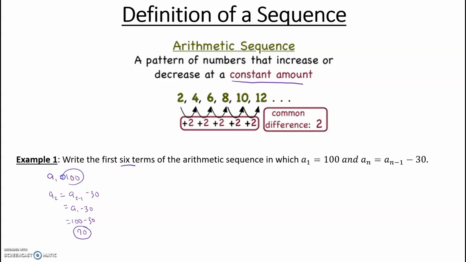Hopefully you can do them a little faster after that. But I just wanted to show you where it's coming from. So my third term is 3 minus 1, my second term, minus 30. So 70 minus 30 gets me 40. My fourth term is 4 minus 1 is 3, so it's my third term minus 30, which would be 40 minus 30, which gets me 10.